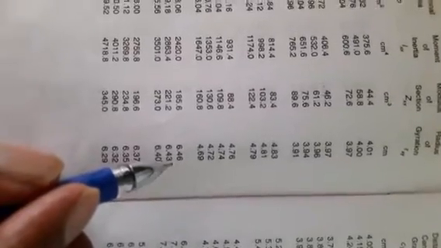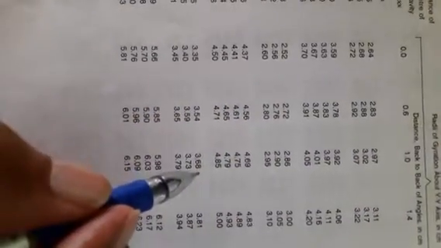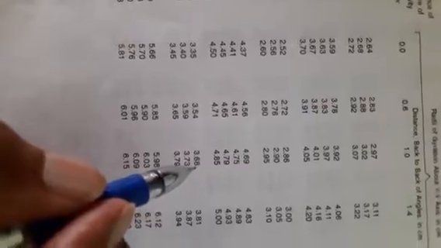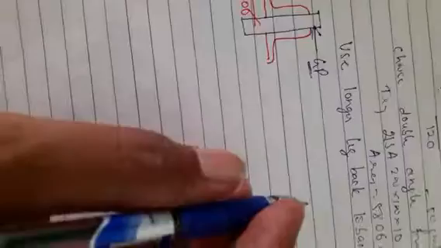Now I have to find RXX and RYY. Here RXX, radius of gyration, is 6.46 centimeters. Next, radius of gyration YY with 10 mm gap is 3.68.